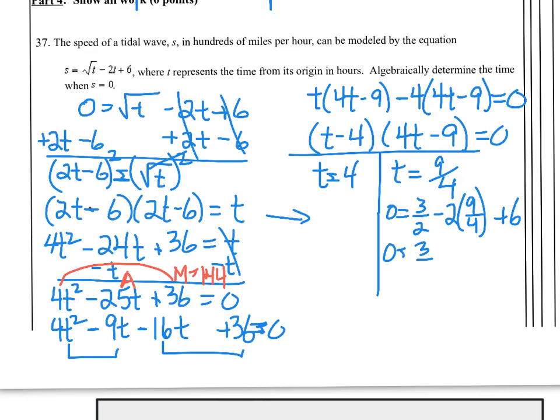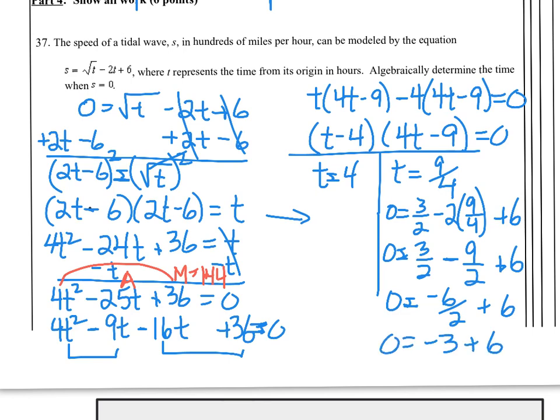So I get 3/2, and then I'm going to get minus 9 over 2, plus 6. So 0 equals, that's negative 6 over 2 plus 6, which is negative 3 plus 6. And that does not equal 0. So I know that that is an extraneous root, and that will not be a solution.